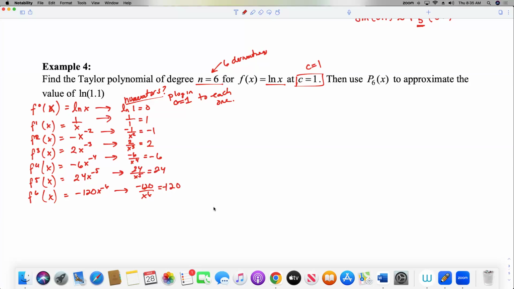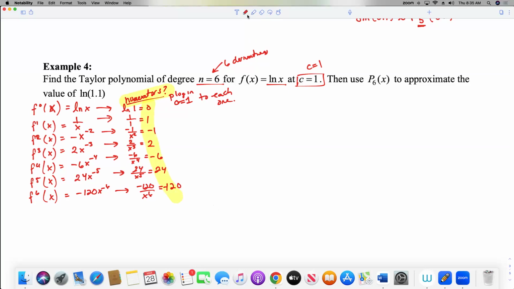So now that I have all my numerators, I can start building my Taylor polynomial, right? These guys right here are all the numerators for my Taylor polynomial. Let's write it down.